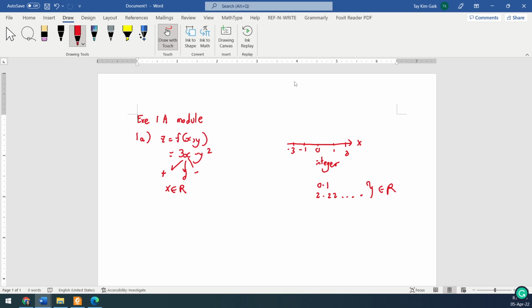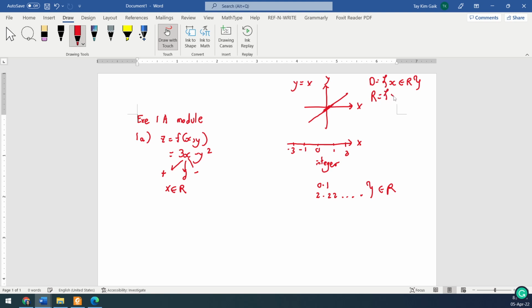Consider a function of one variable, y equals x. When you sketch the graph of y equals x, with x on the horizontal axis and y on the vertical, x is your domain, D. x can take all the numbers on the number line, so we say x is a member of the real numbers. For the range: when x is 0, y is 0; x positive, y positive; x negative, y negative.